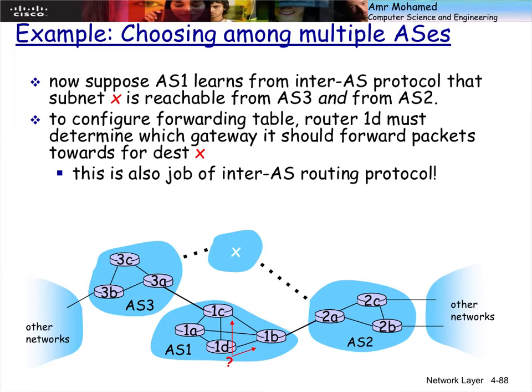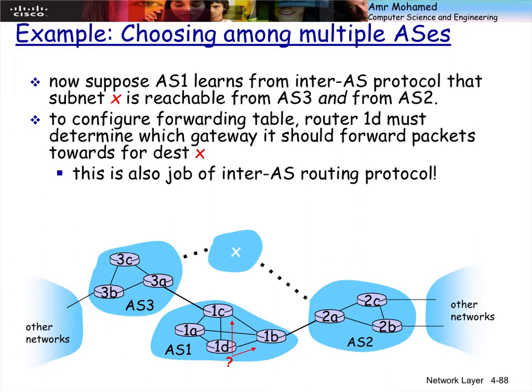So in this example, we have multiple ways to go to X. I can send to 1B, which will take me to autonomous system 2, and I will reach X. Or I can send to 1C, right, which will take me to autonomous system 3, and I will reach X. So which one should I choose?